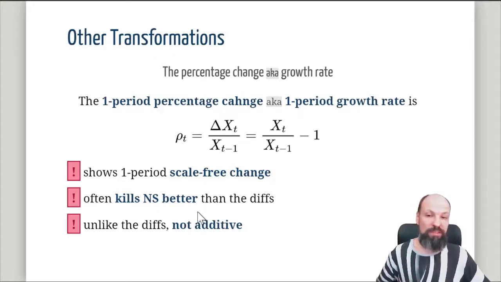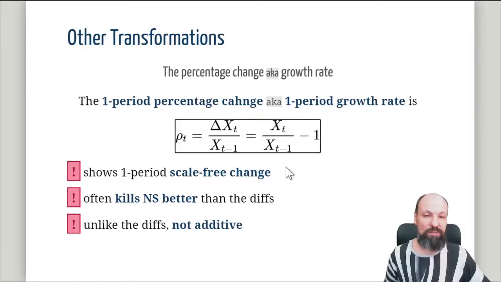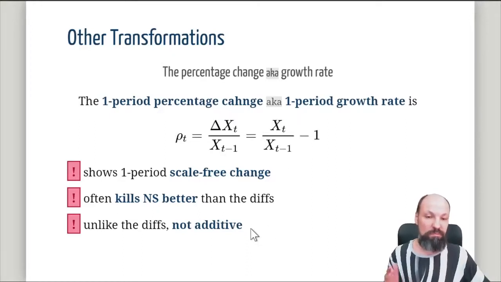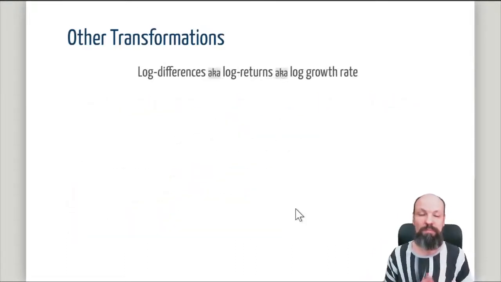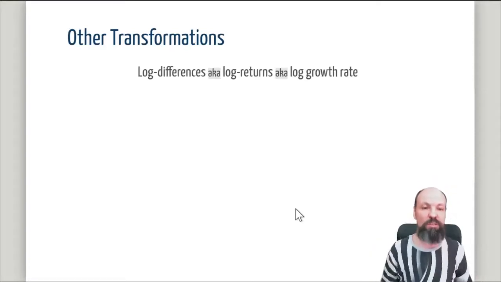And because it's scale free, sometimes it's even harder to interpret than second or higher order differences, unfortunately, especially when the units of the original time series are not very well interpretable. So, yes. And the last one that we are going to consider today, and we are going to finish at this.